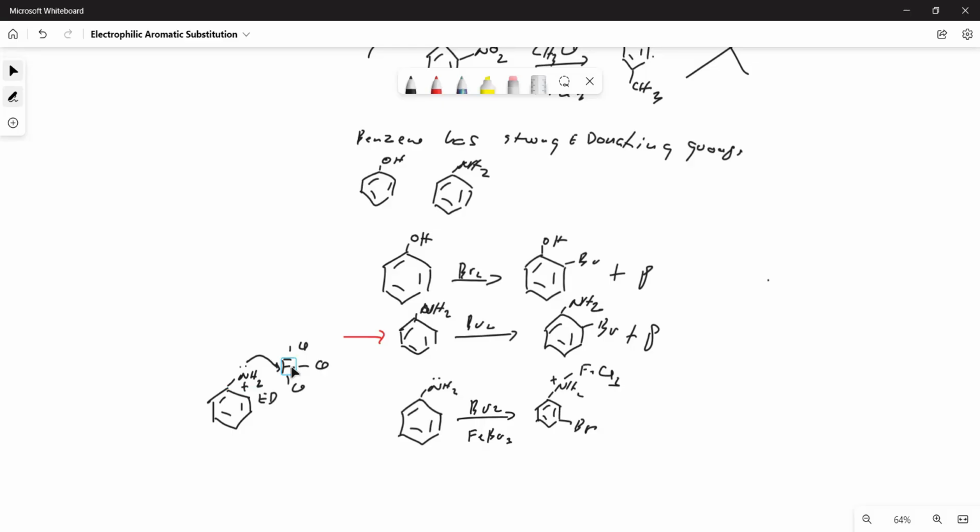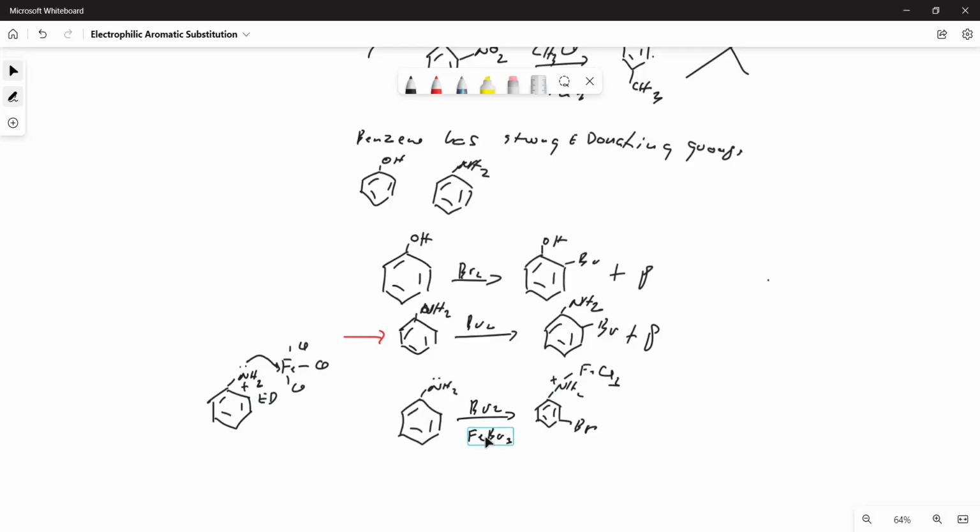So what happens is that if you add the Lewis acid here, the lone pair of nitrogen will be used by iron because iron lacks an octet of electrons, right? You have only 3 bonds there. So to make it 4, it has to use the lone pair. So your nitrogen will become positively charged. So there is no lone pair to donate to the benzene ring.